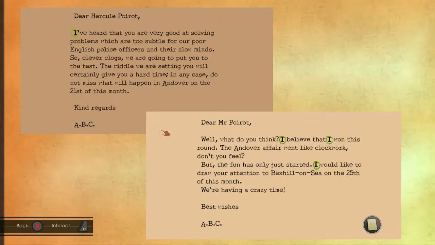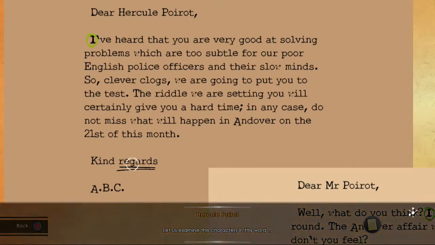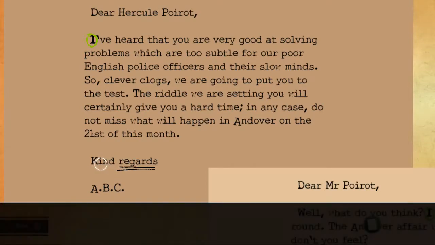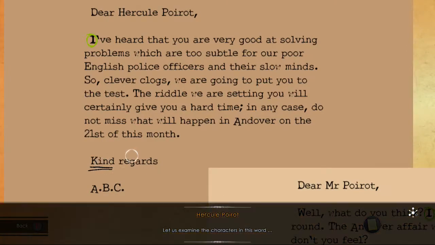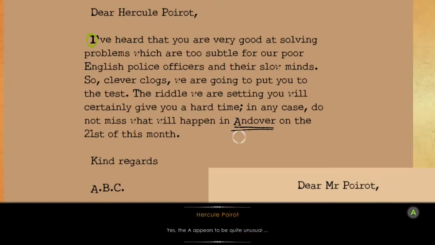Look in here and see the difference. The ABC is the same. One says kind regards and one says best wishes. Yes, the A appears to be quite unusual.